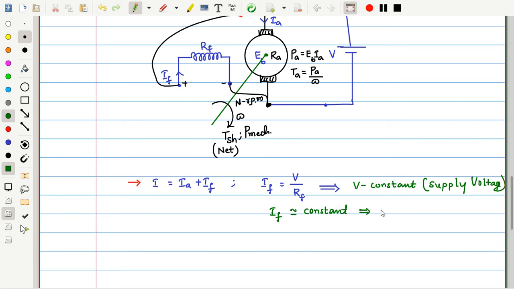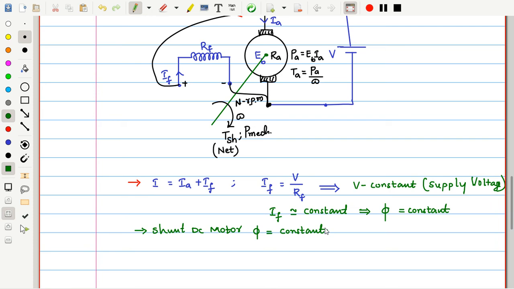If If is constant, observe that the flux produced inside the stator windings, the stator coils, is also constant. That means if it is a shunt machine, practically we can assume that the field flux is constant. So for a shunt DC motor, phi is assumed to be constant.